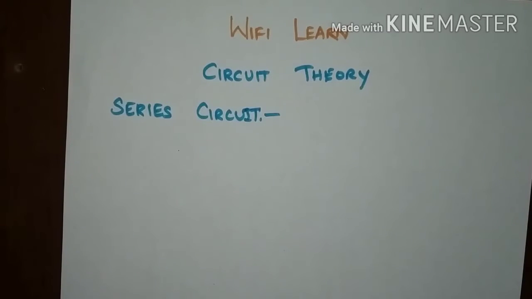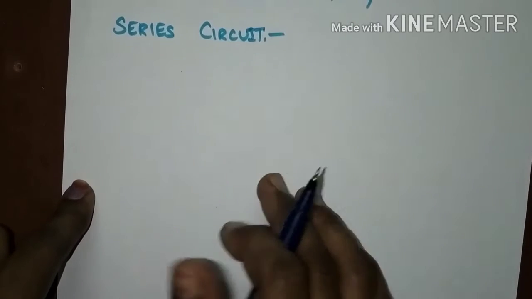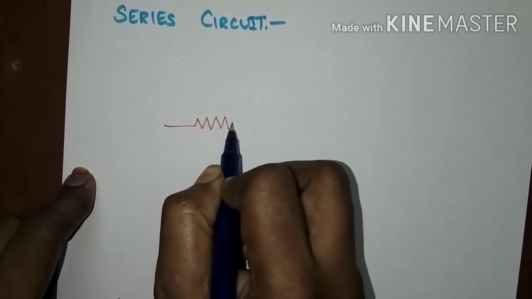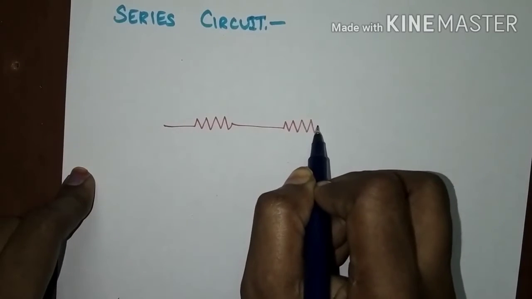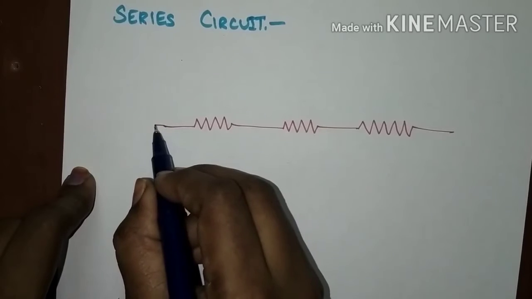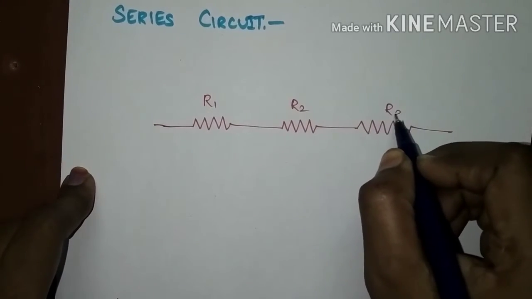In a series circuit, the passive elements are connected in series so that the circuit forms a series structure. So, I will draw a series circuit. Assume 3 resistors are connected in series. Name them R1, R2 and R3.